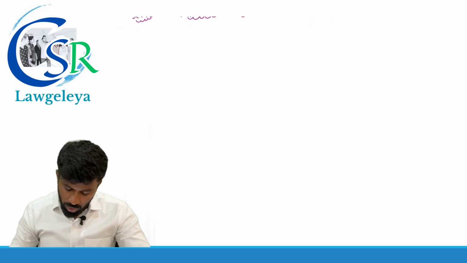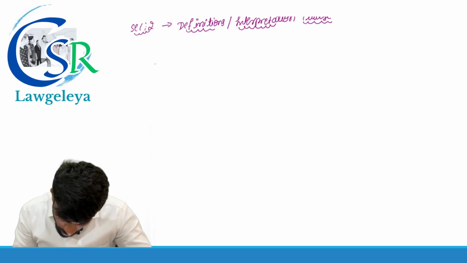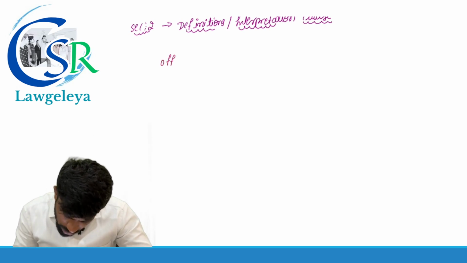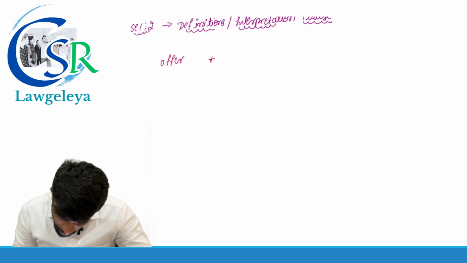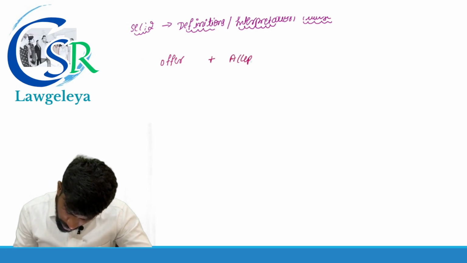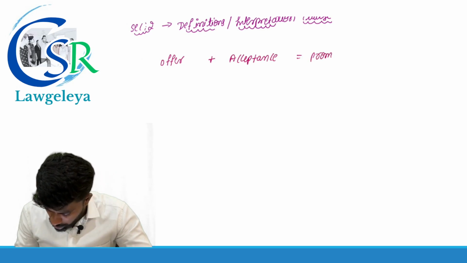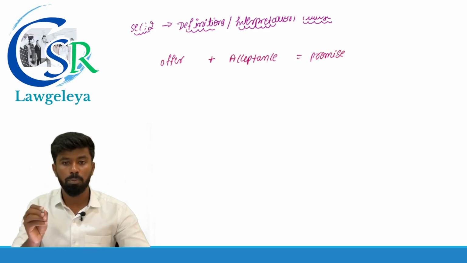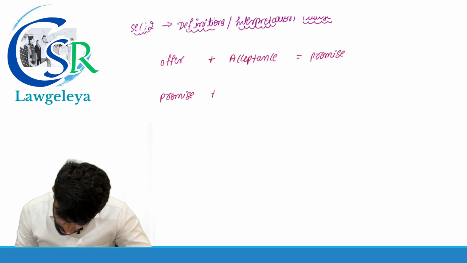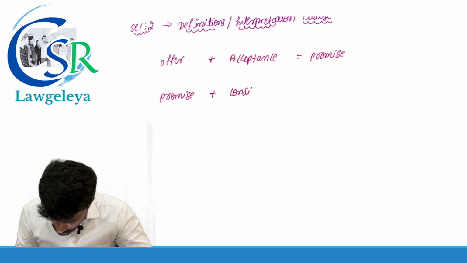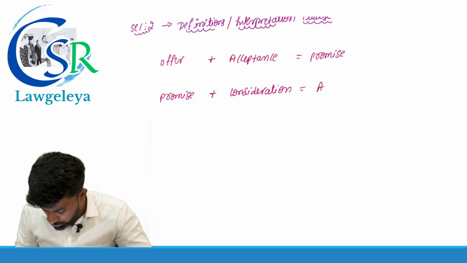Done? Yes. So every contract starts with an offer. Starts with what? Offer. So the initial part or the starting part of the contract is what? Offer. So offer plus acceptance becomes what? Becomes a promise. Then promise plus consideration. A promise having consideration becomes what?